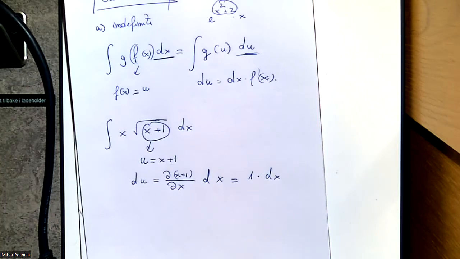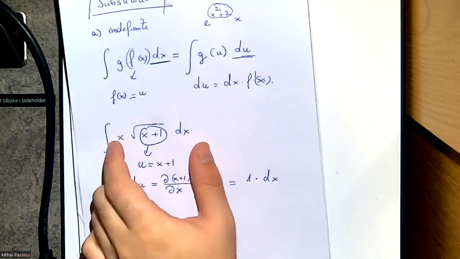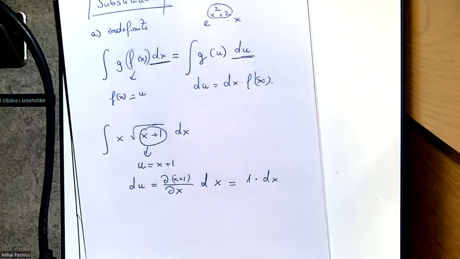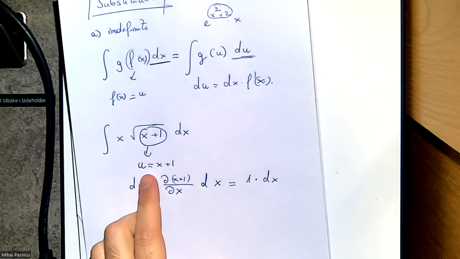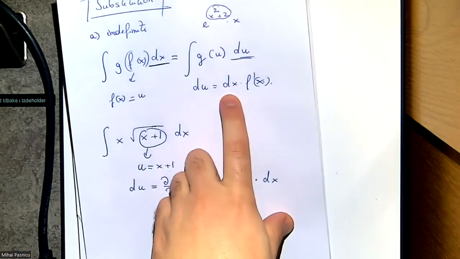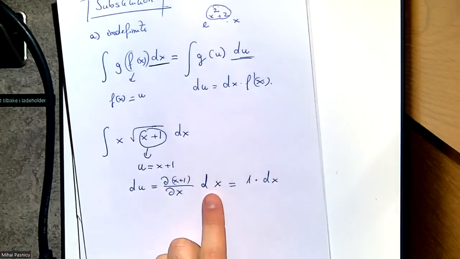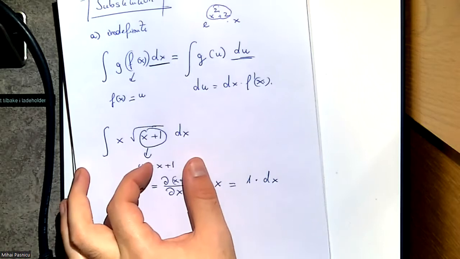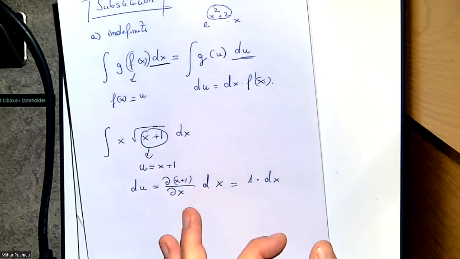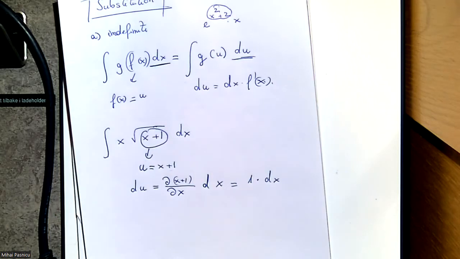Okay, everyone follow up to this one. So basically, I just said, okay, I hate having stuff under the square root, so I'm just gonna replace that with a u. Then the way I compute the new du, according to the formula above, is I just multiply dx and take the derivative of the formula that I replaced it in. In this case, the derivative of x plus 1 with respect to x is just 1.